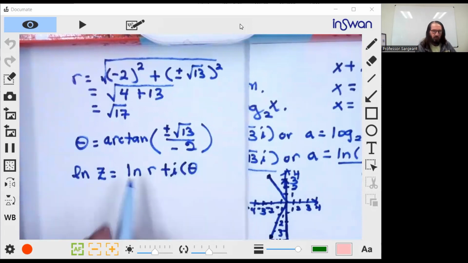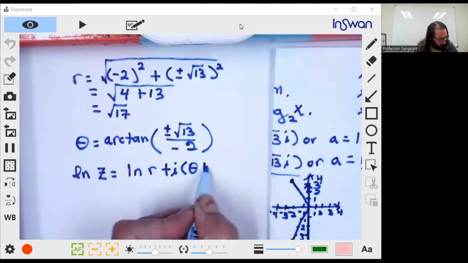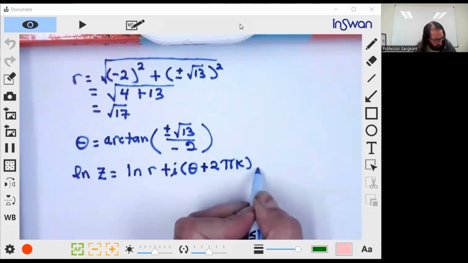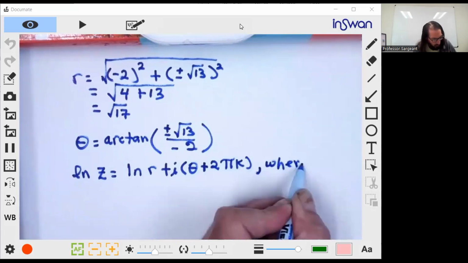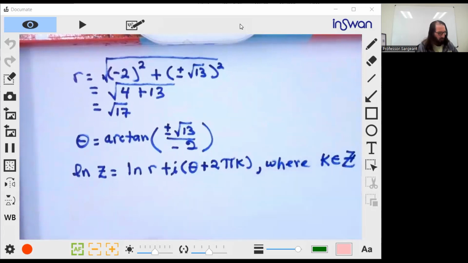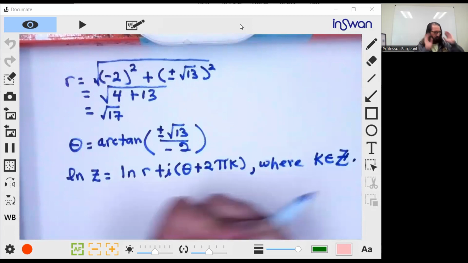Because tangent is periodic, then we would have plus 2 pi k, where k is an integer. And that's just a fancy way of writing that k is an element or member of the set of integers.